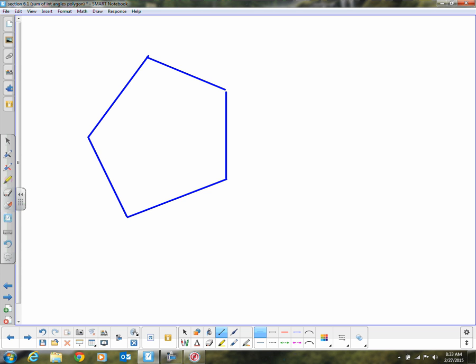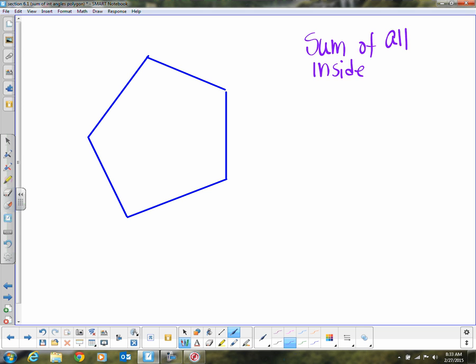Triangle, quadrilateral, penta, hexa, octa. Okay, after you draw it, I want you to find the sum of all inside angles. No, it doesn't have to be regular.